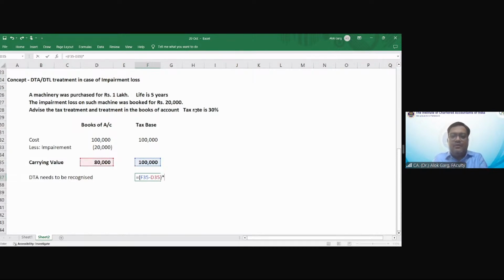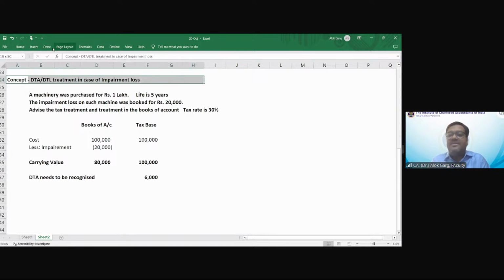Okay. So friends, I just want to clarify that whenever there is an impairment loss, there will be a difference between the asset value in the tax books and the asset value in the books of accounts. So on that impairment loss, deferred tax asset needs to be created. DTA needs to be created. Why? Because income tax disallows this. Sir, what is deferred tax asset? What is deferred tax liability?